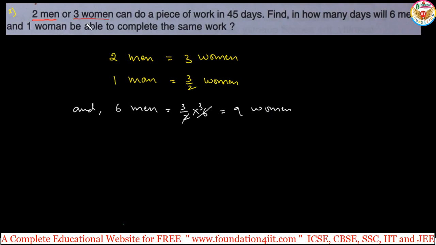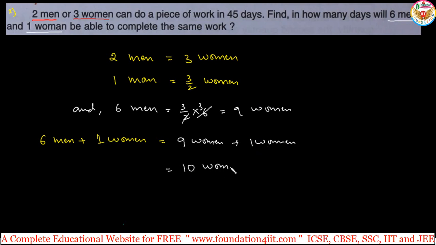Now 6 men and 1 woman. That means 6 men plus 1 woman is exactly equal to, if you observe, 6 men's capability is exactly 9 women. So instead of 6 men I'm taking 9 women, plus here is 1 woman, so 9 plus 1, 10 women.